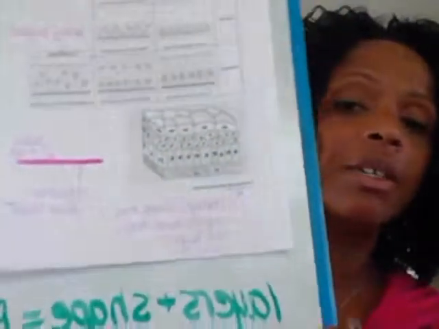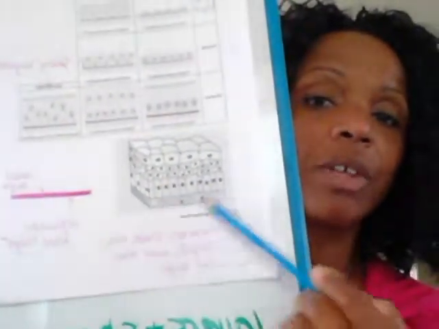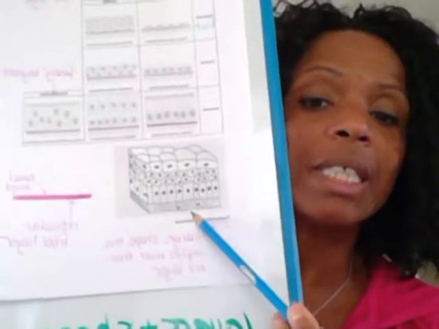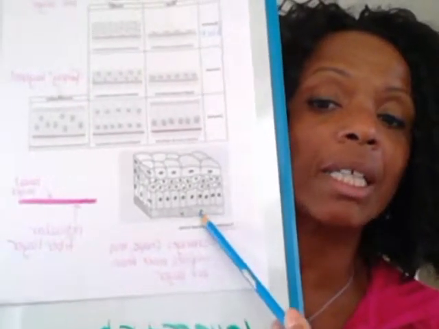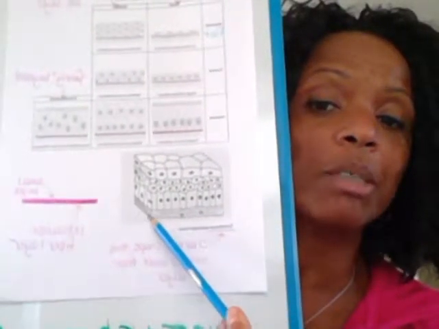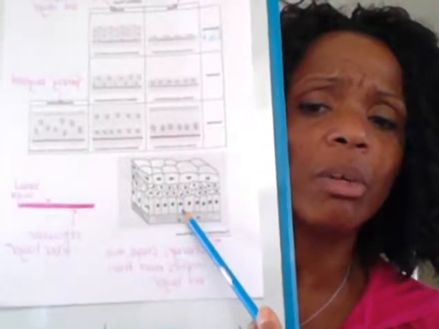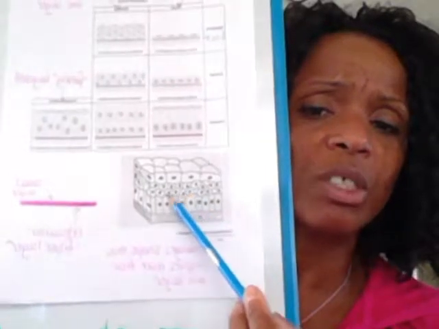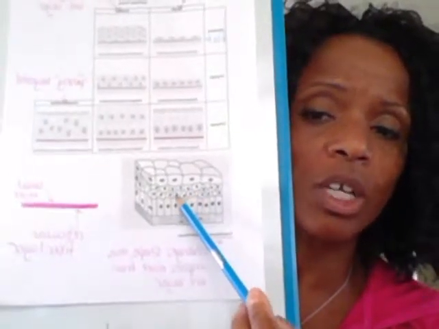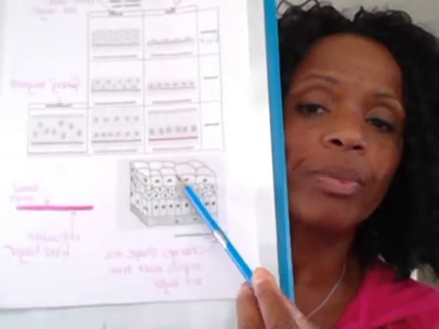Now you'll notice that there's one last grouping of cells right here. But you'll see that this right here is indicating that it's the basement membrane. This is the basement membrane. But we start with one type of cell shape, and then it changes to a different type of cell shape, and still another one.